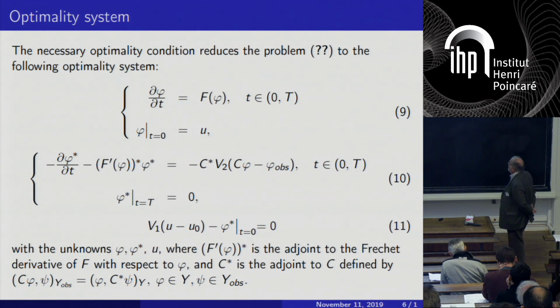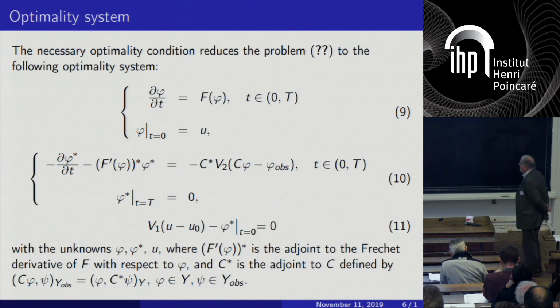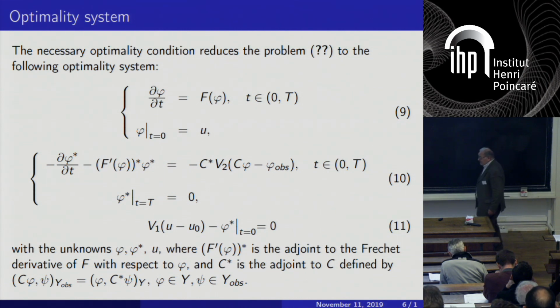Then it's not very difficult to see that the gradient of the cost function with respect to the initial condition is equal to V1 multiplied by u minus u0, minus phi star. This is the last equation. And the necessary condition for optimality is that the gradient should be equal to 0 at the optimum. So this is the classical variational data assimilation problem.